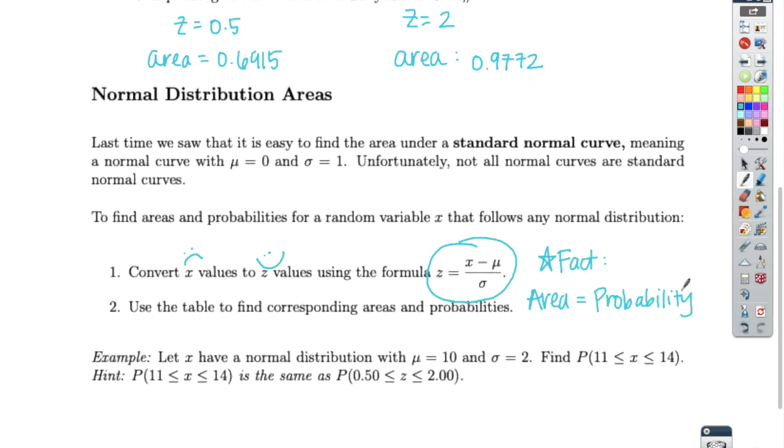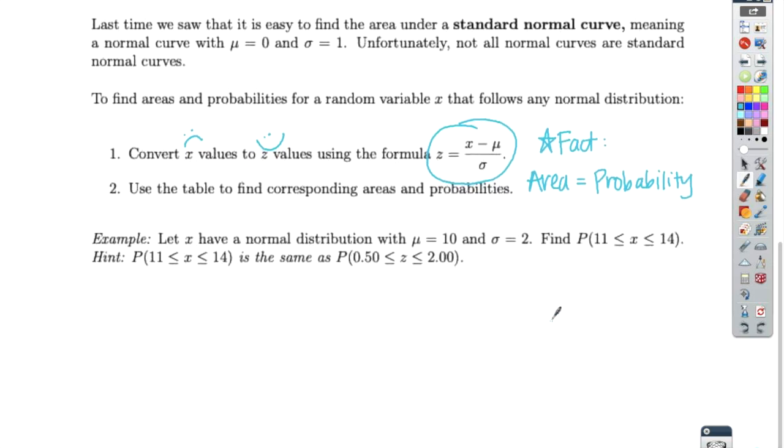So if I ask you for the probability, like I'm about to, that x is between 11 and 14, what I'm really asking you for is the area. Probability, area, tomato, tomato.